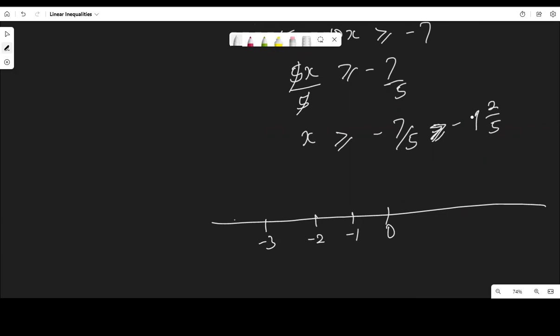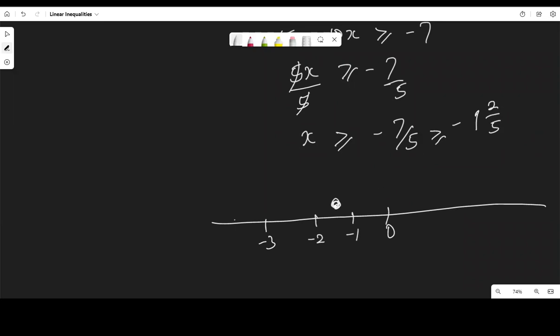My number is negative 1 whole number 2 over 5. This is 1, so 1 whole number 2 over 5 should be somewhere here. Let me write that very well. Greater than or equal to.